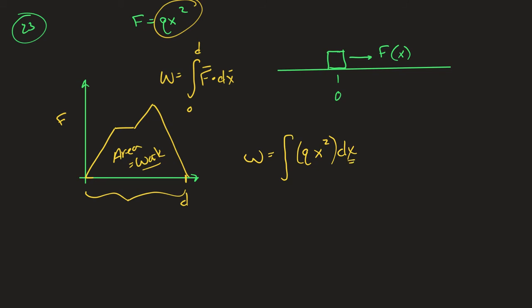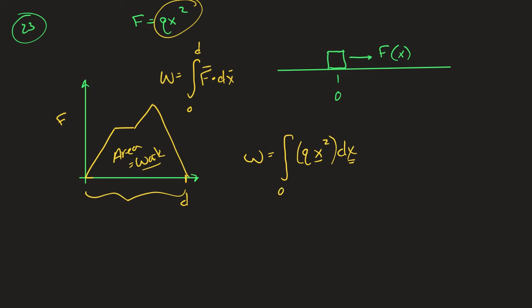Ours says dx because our object's position is located in terms of x. If it was in the y direction, I'd probably put dy there because it would be moving in the y direction. This is just supposed to be a small change in position, so it represents whatever variable is supposed to be about position.